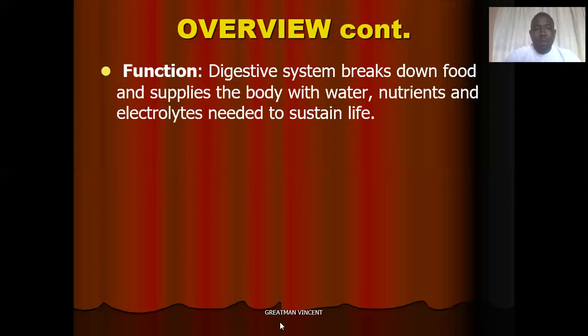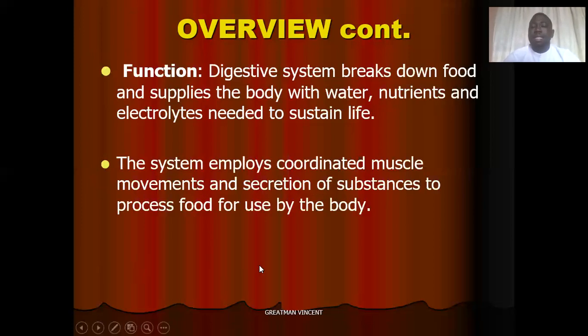Now, this system is not just a system like that, but it employs a lot of coordinated muscle movement and secretions of substances to process food. As we go forward, we are going to see a lot of muscle contraction and relaxation as food moves from one phase onto another. That is what I mean by coordinated muscle movement.